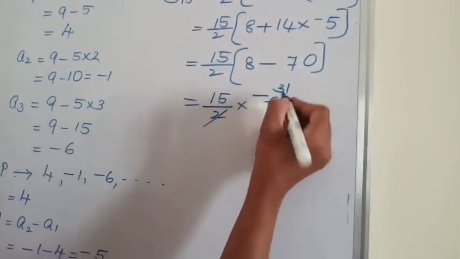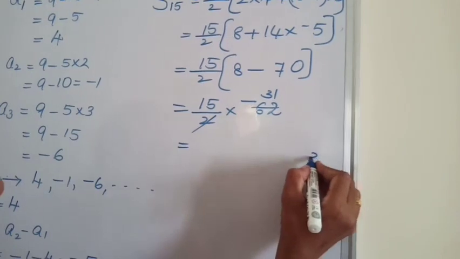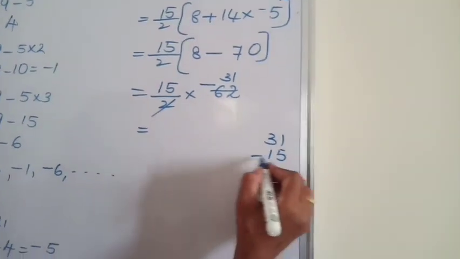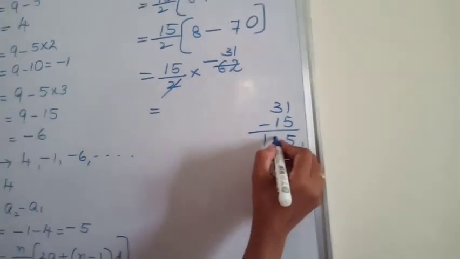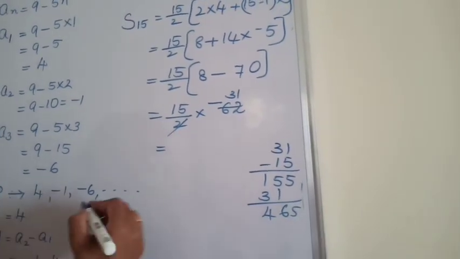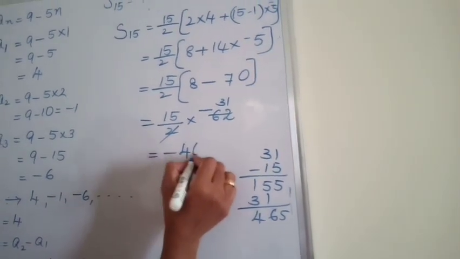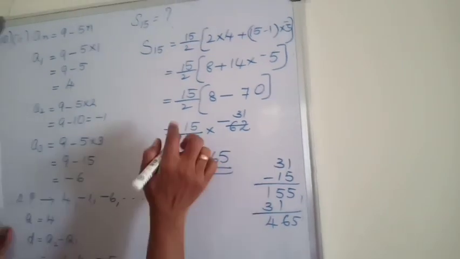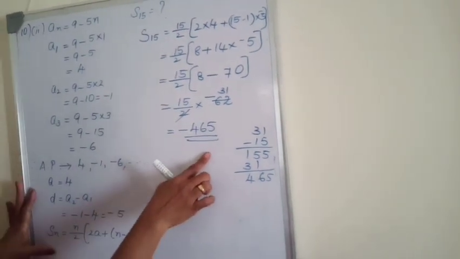This is 31. So 15 into minus 31. It is minus 465. Sum of 15 terms is minus 465.